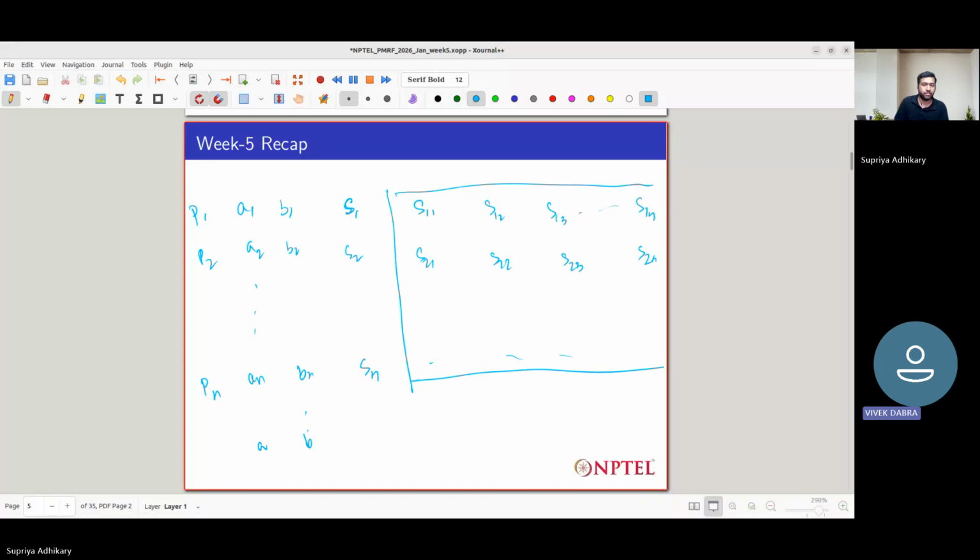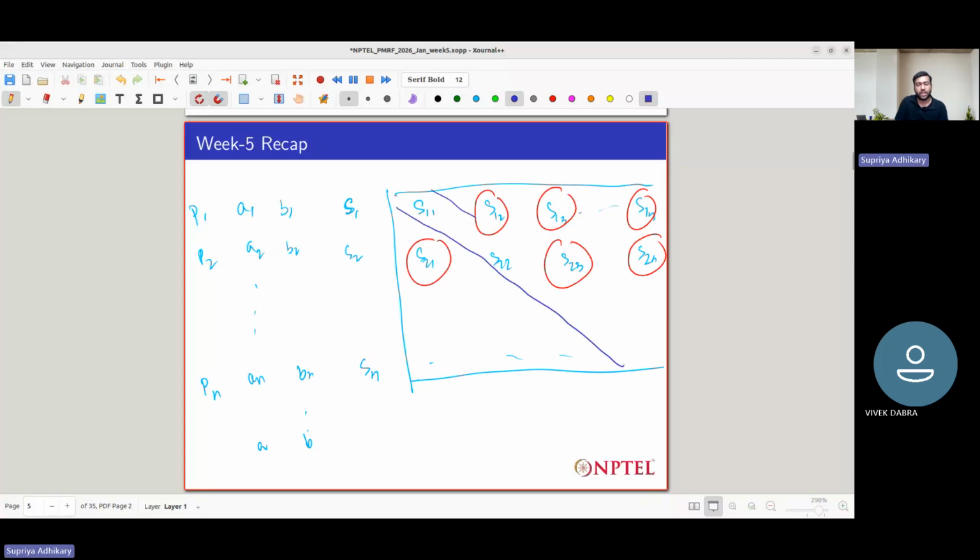P1 sends these values to other parties, P2 sends these values to other parties. Only the diagonal elements are not shared: P1 generates S11 and keeps it to himself, P2 generates S22 and keeps it to himself, and so on.